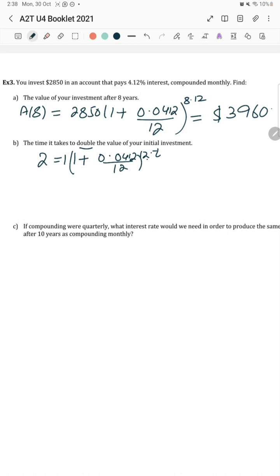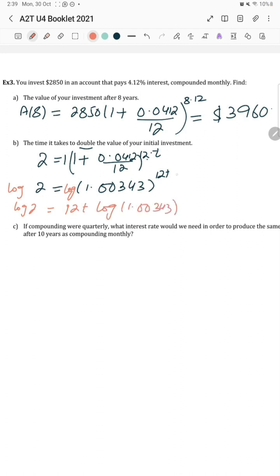So solving this, 2 is equal to 1.00343 to the power 12t. Okay, let me take log on both sides, which gives us log 2 is equal to 12t log 1.00343.